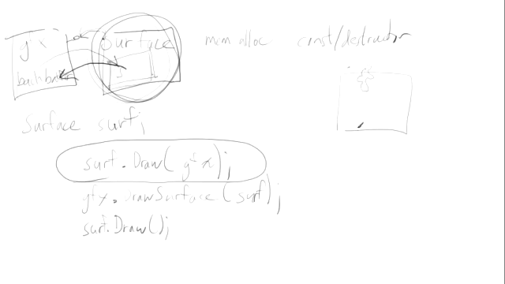Anyways, we test a pixel and see, is it outside of the screen? If it is, then we don't blit it. So we run through every single pixel, and if it's outside the screen, we don't draw it. And that's clipping.